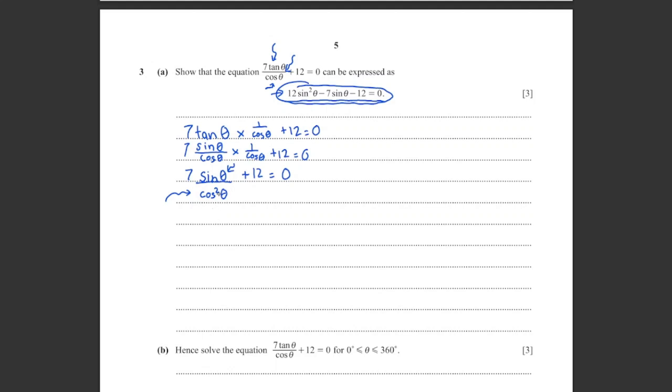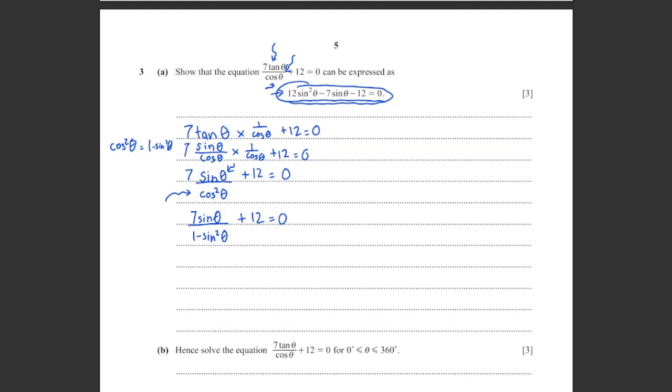So let's see what I can do. I think we can change cosine squared theta, because we know that cosine squared theta is just 1 minus sine squared theta. So let's replace it with that. So we have 7 sine theta over 1 minus sine squared theta, and then I have my plus 12 equals 0 over here.